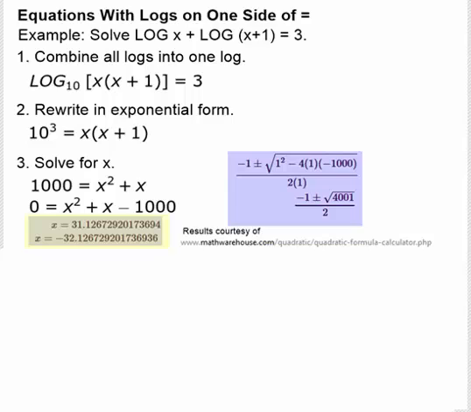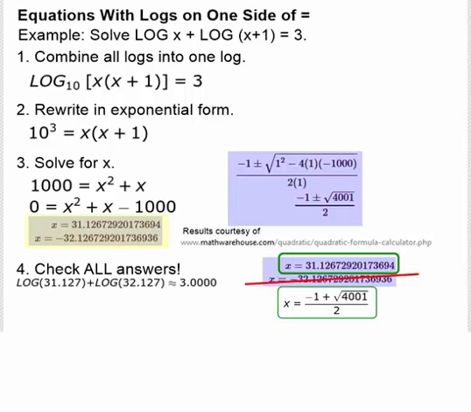Well, if we plug in negative 32 point something, that will not work because we cannot have the log of a negative. So right away I cross off the negative answer. There's no point in even plugging it in. But I do plug in the positive answer.